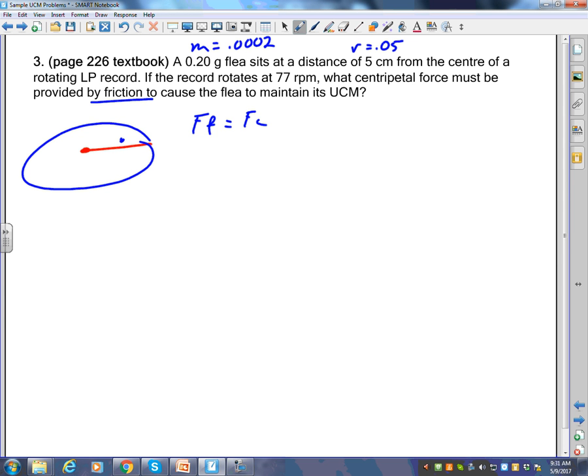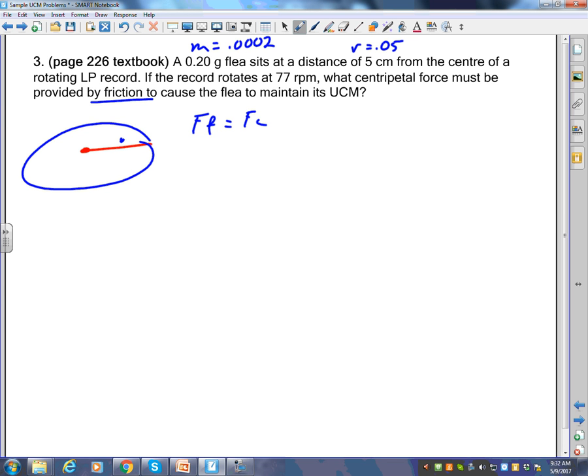And the record is rotating at 77 RPM. Did I tell you what RPM stood for? Revolutions or rotations, same thing, per minute. So it's 77 per minute, or 77 times around every 60 seconds.